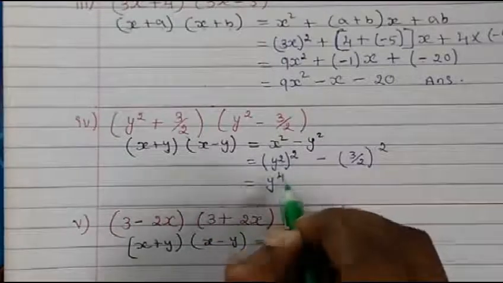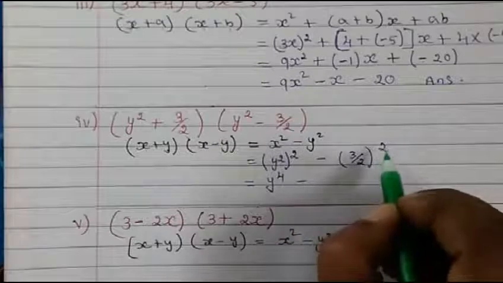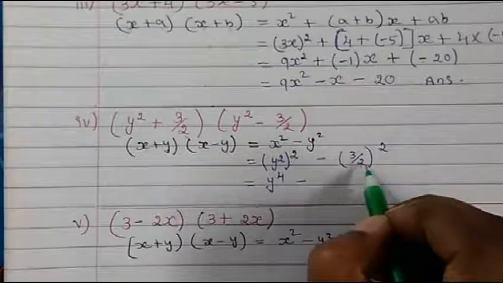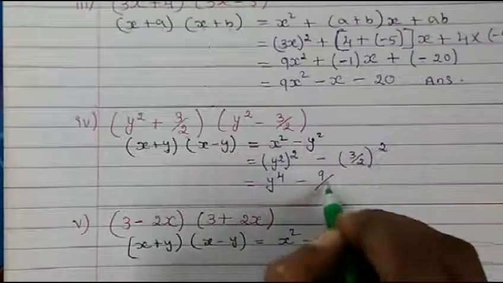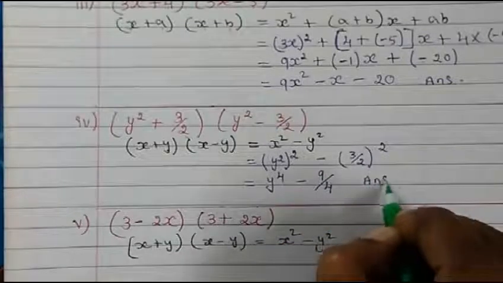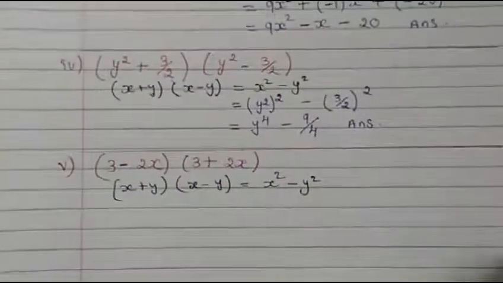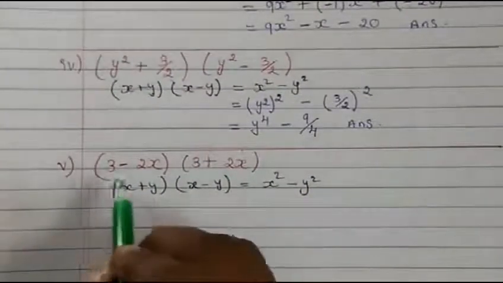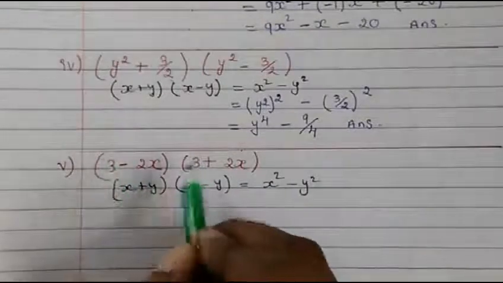And then this square we have to write as it is. So now y to the power 2 2s are 4. Then minus, then the square is common for 3 also and for 2 also. So 3 square will be 9 and then 2 square will be 4. So that's our answer. Let's see the last one.